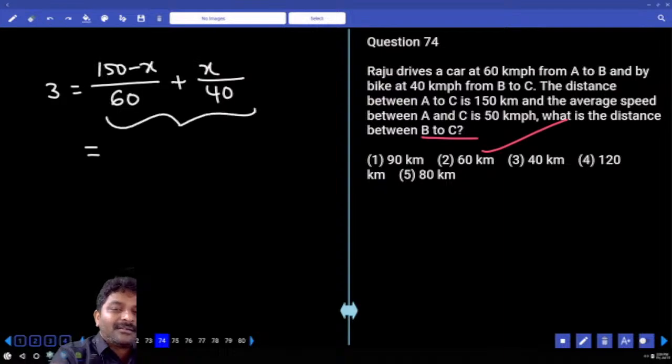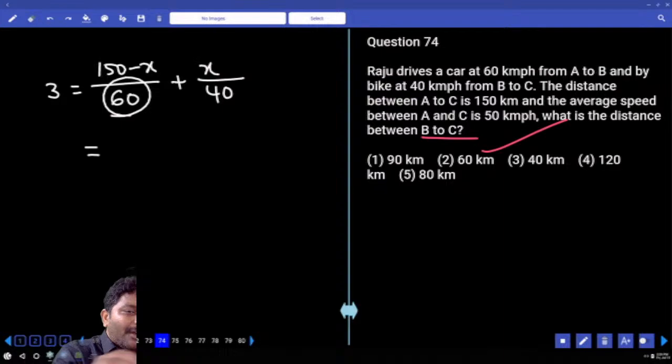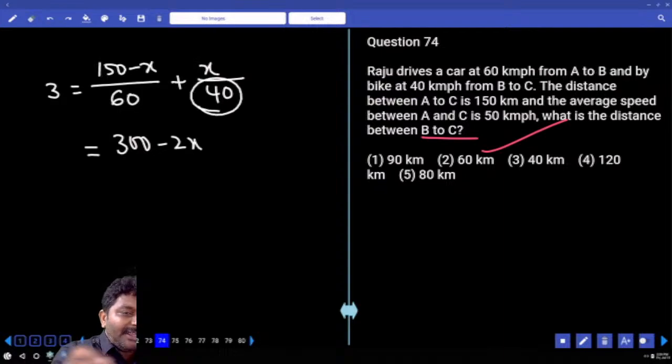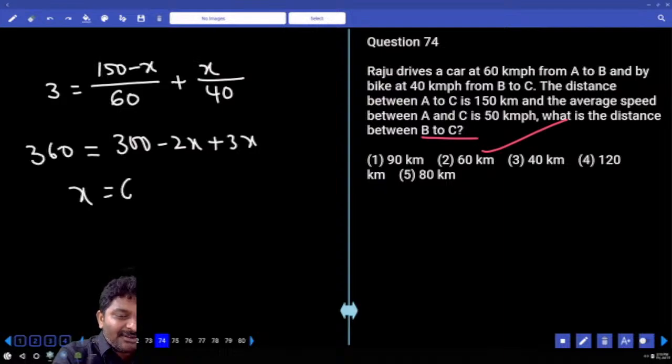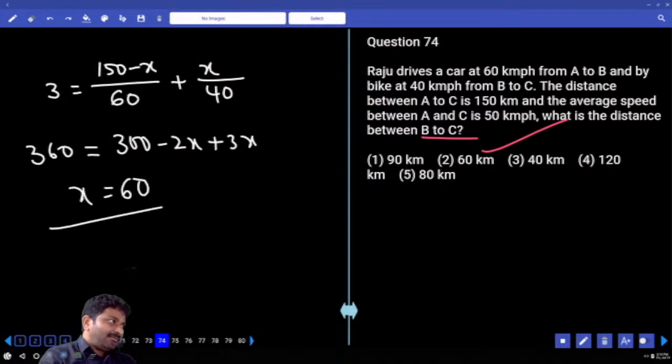Take the LCM. What is the LCM? 60 how many times? Take 2 times of this. Minus 120, 40 how many times? Plus, so LCM 120 goes to the other side. It becomes 360. X is equal to 60. But this is not the way I calculated.